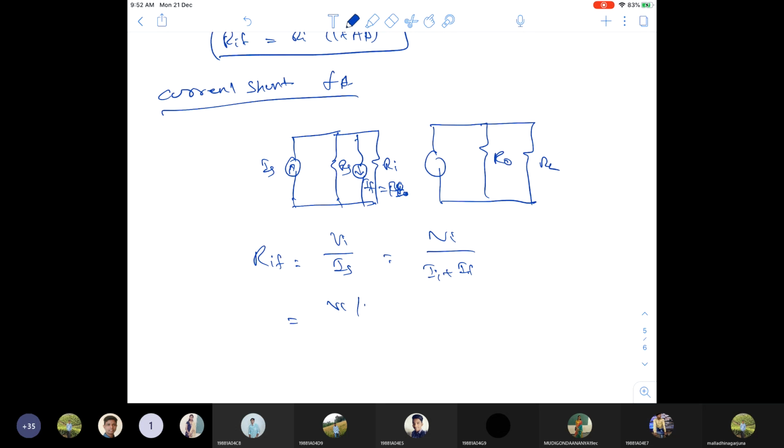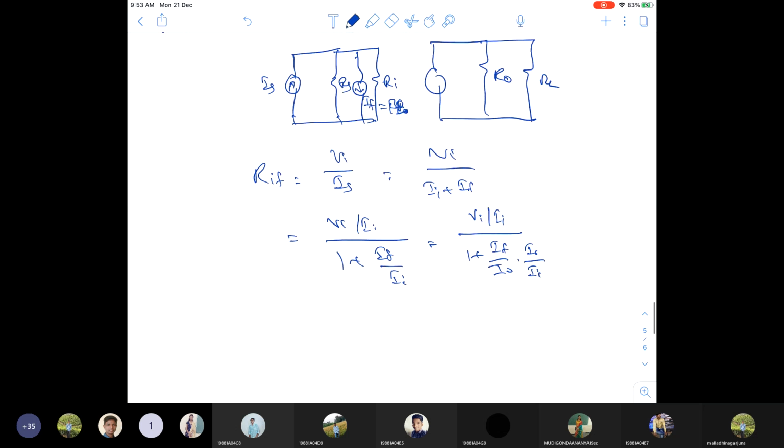Taking Ia as common, Vi by Ia divided by 1 plus IF by Ia, and multiplying and dividing by the output signal, I naught by Ia. Finally RIF equals RI by 1 plus A beta.